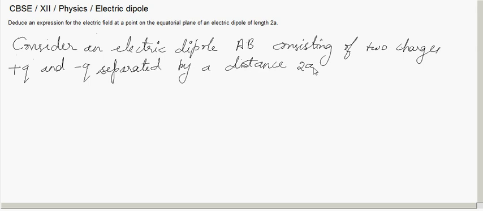We will consider a dipole: minus q, and then at a separation of 2a, plus q. The distance between them is 2a.